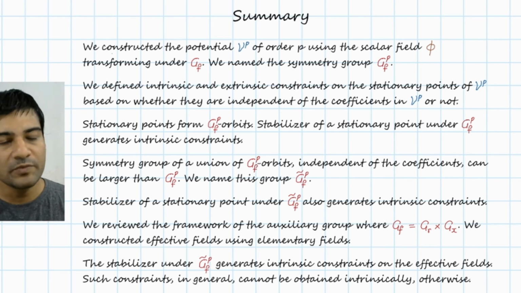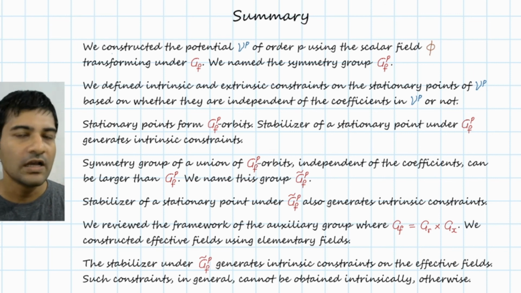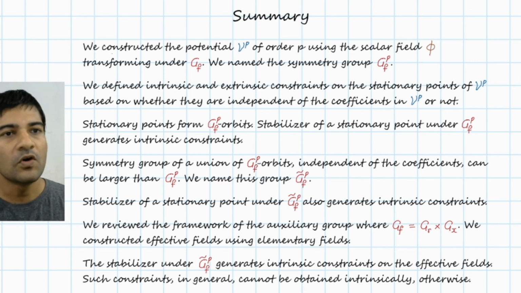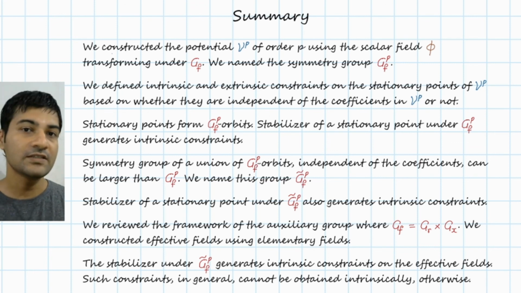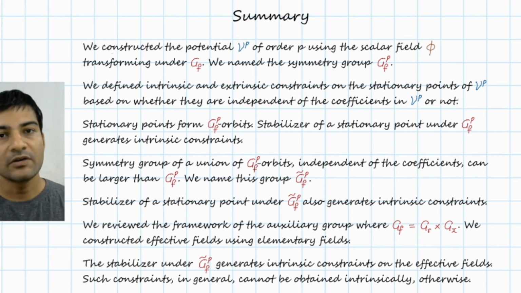Also, it seems to me that this existence of a larger symmetry group for the stationary points has not been explored in mathematics literature. If that is correct, these concepts are novel from a general mathematical physics point of view also.